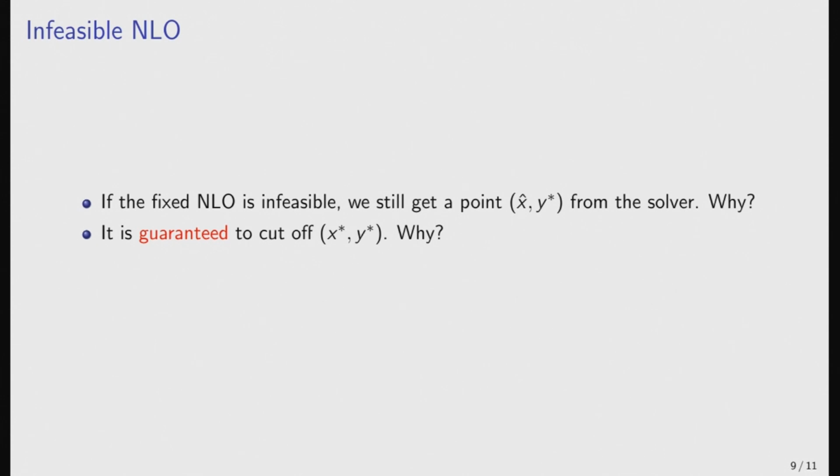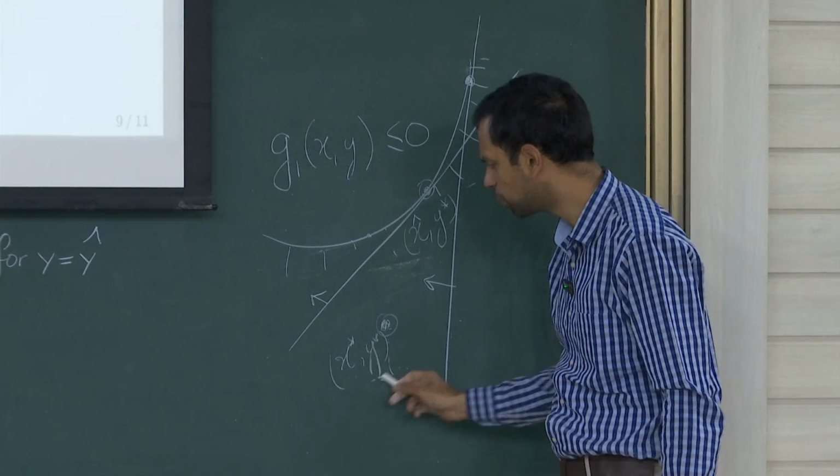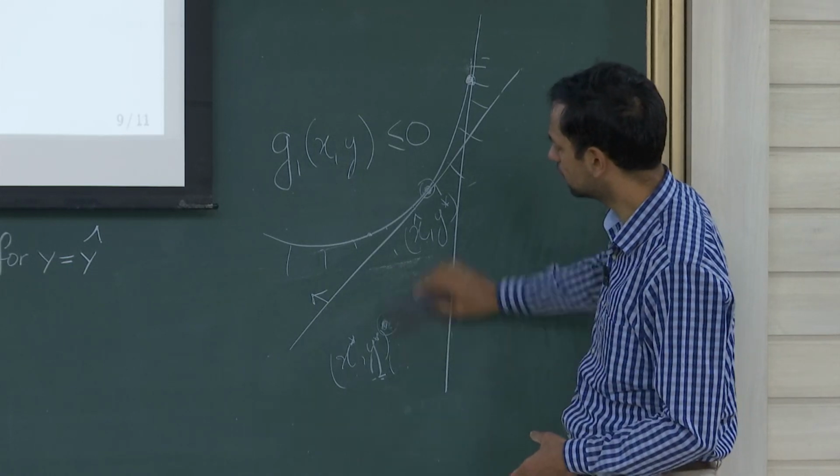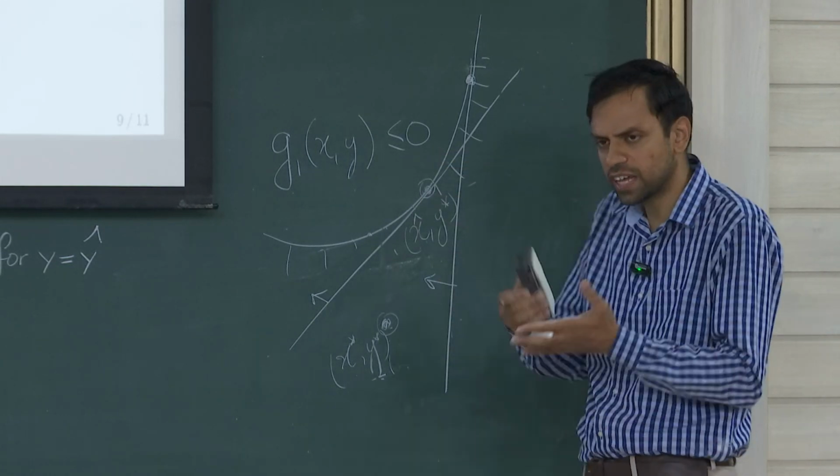Okay, so if the fixed NLO is infeasible, that means I get a point x star y star, but there is nothing in the NLO region with that y star.